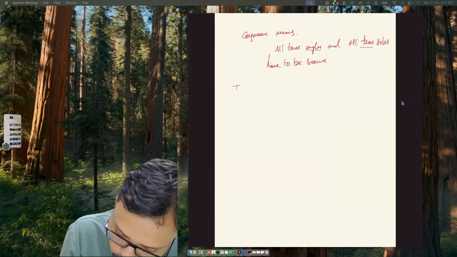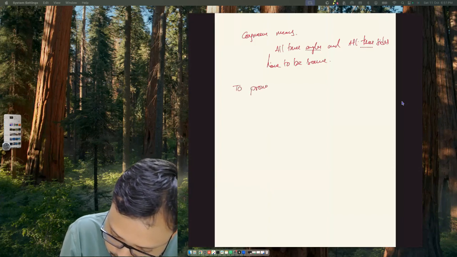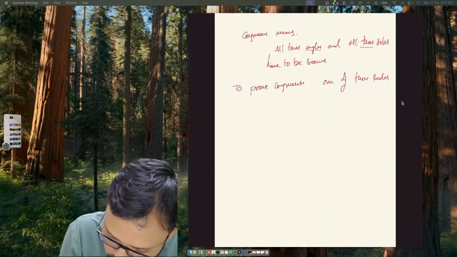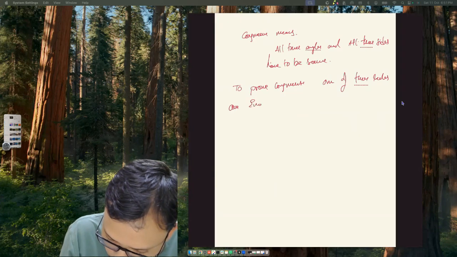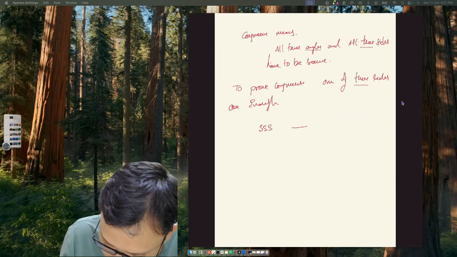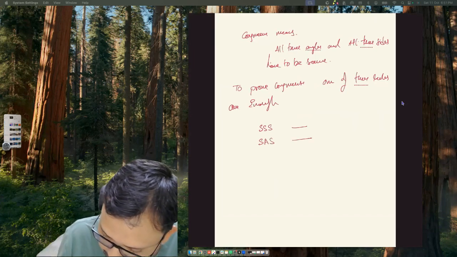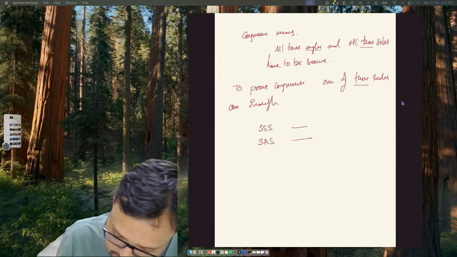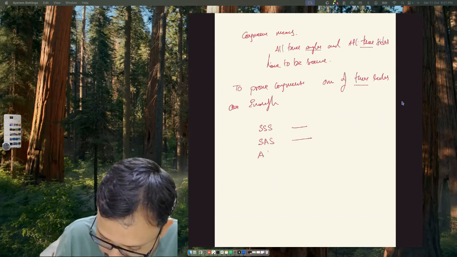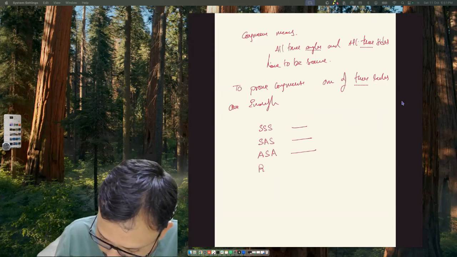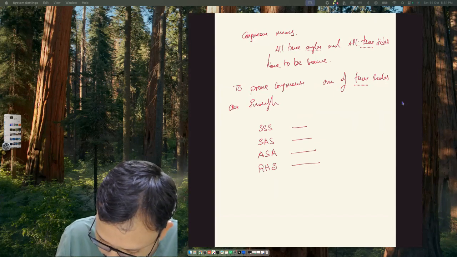But to prove congruence, one of these rules is enough. What are these? SSS, all three sides. SAS. If you see in the acronym itself, they have put the angle in between two sides, so it's easier for us to remember. ASA, two angles and a side in between, and RHS, right angle, hypotenuse, and side.